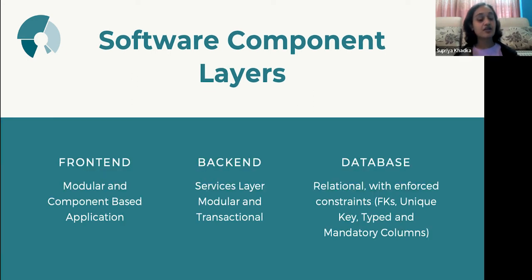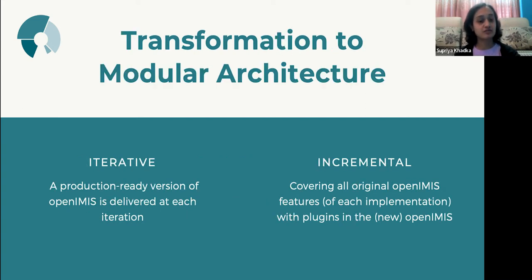The front end is a modular and component-based application. The back end is the services layer, which is modular and transactional, and the database is relational. That means a tabular form of database with enforced constraints like foreign key, unique key, and typed and mandatory columns. For modular transformation, as we mentioned in the timeline, openIMIS went through modular transformation in 2019.